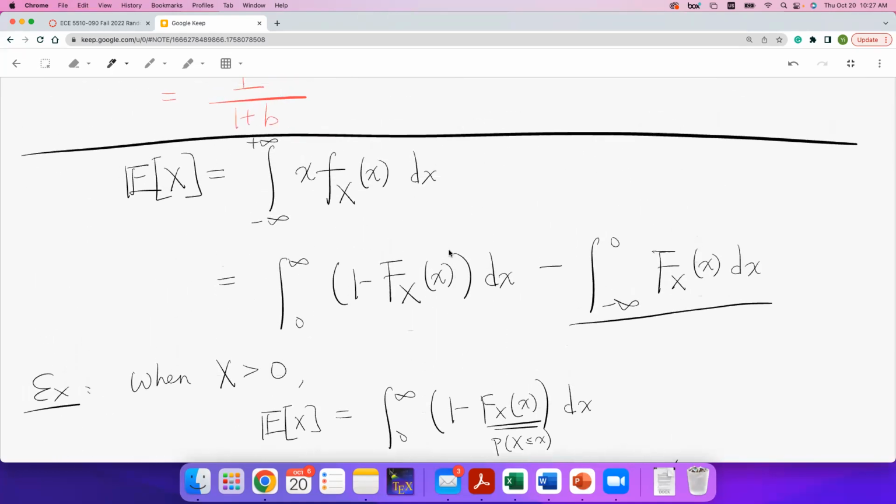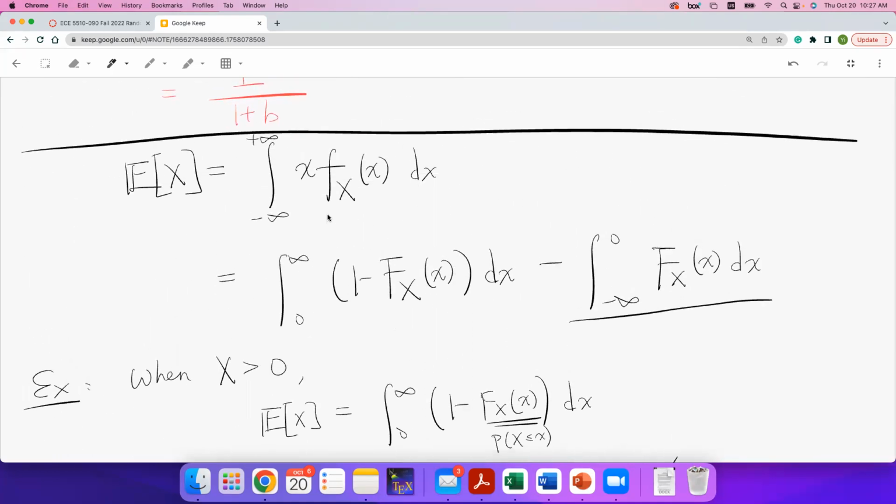So here we can see that expectation can be defined through integrating over either the PDF or the CDF. Okay.